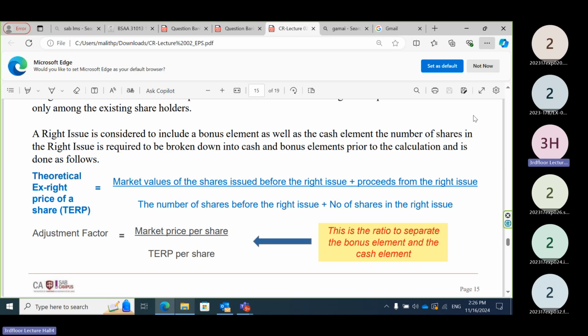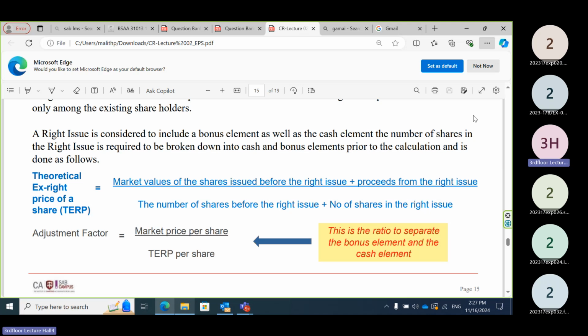Now we are going to calculate the bonus element. From this adjustment factor, you can see the bonus element, 0.58. For one share, you are giving 1.058, meaning 0.058 is the bonus element.